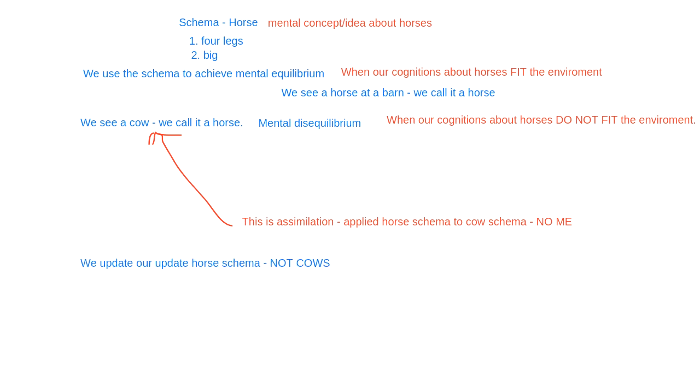So we update our horse schema, but we also create a new schema, a cow schema, which means they're big, 4 legs, and have udders. This now is known as accommodation. We have created and also modified our schemas.